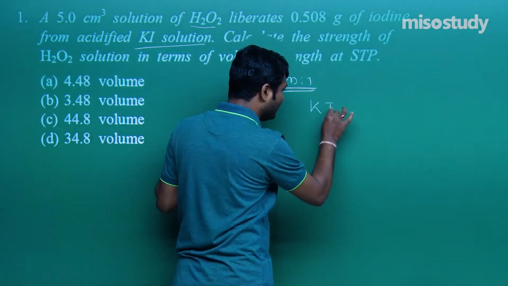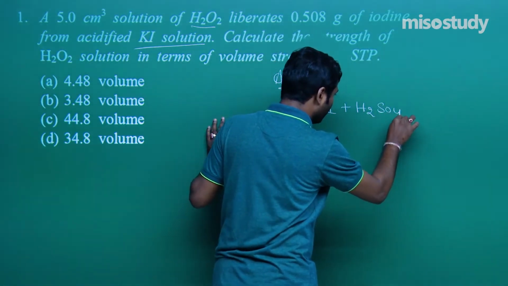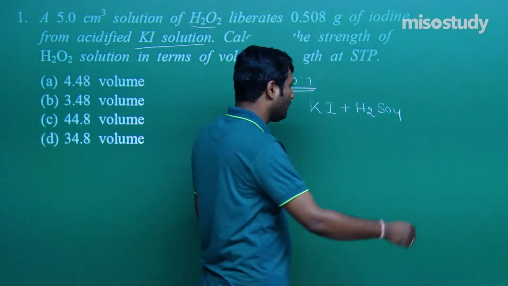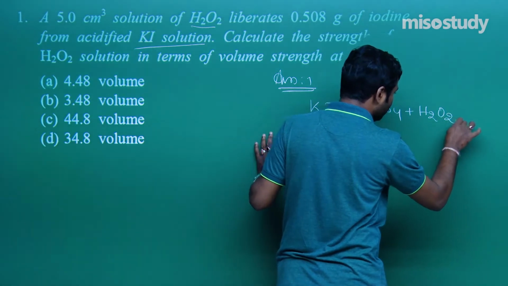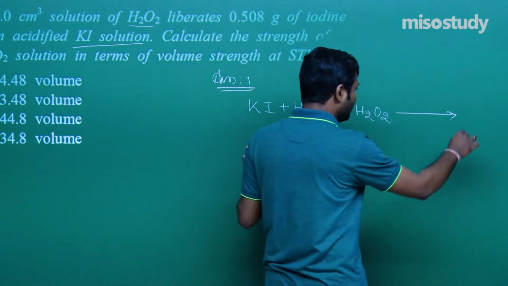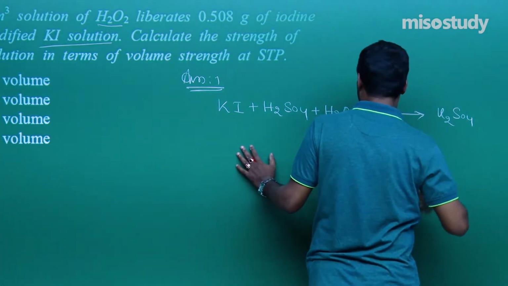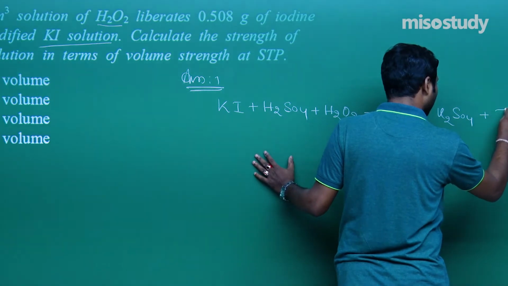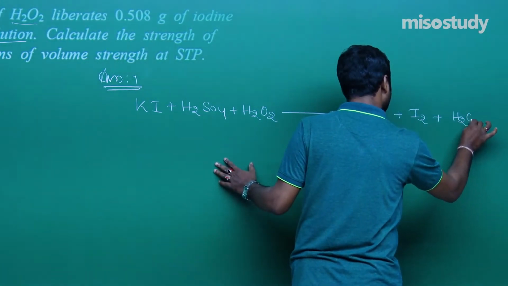Acidified KI, that is KI plus H2SO4, on treatment with H2O2 gives K2SO4 plus I2 and plus H2O.